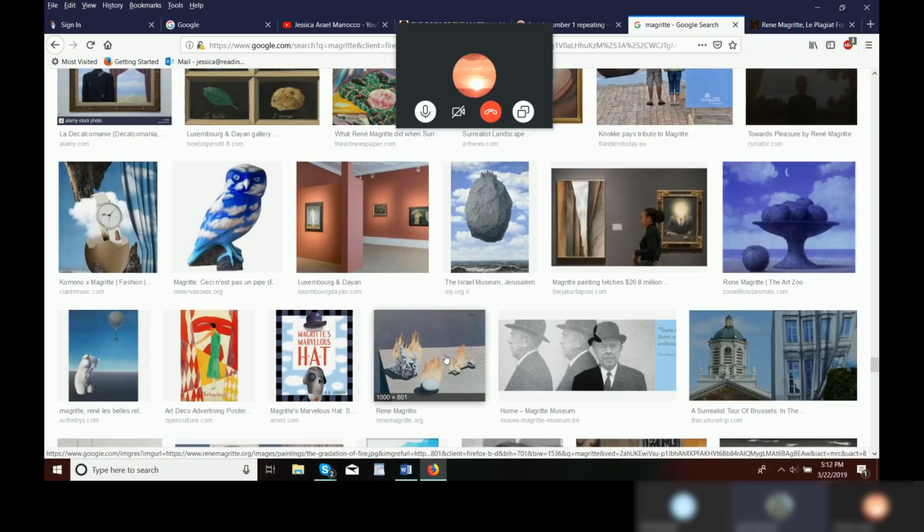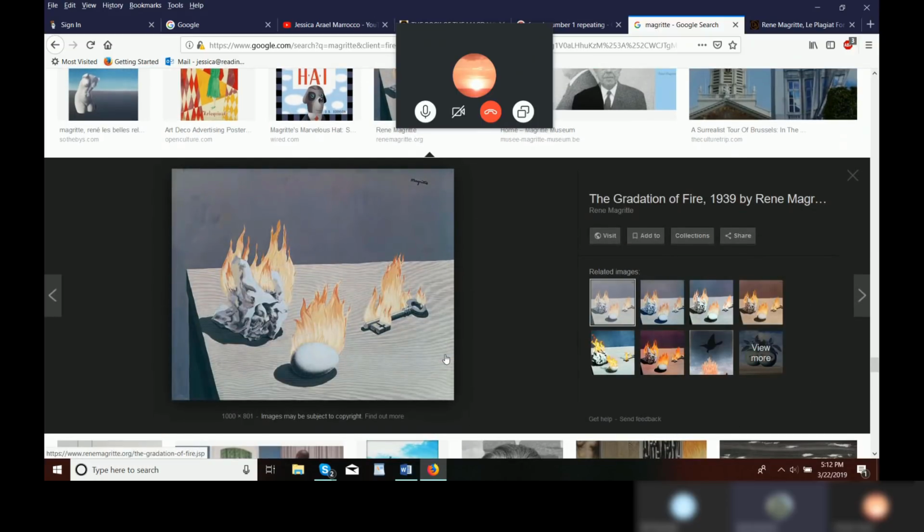This is an interesting picture. The things that are on fire. There's a key. Who would think about burning a key, or could a key retain a flame like that?